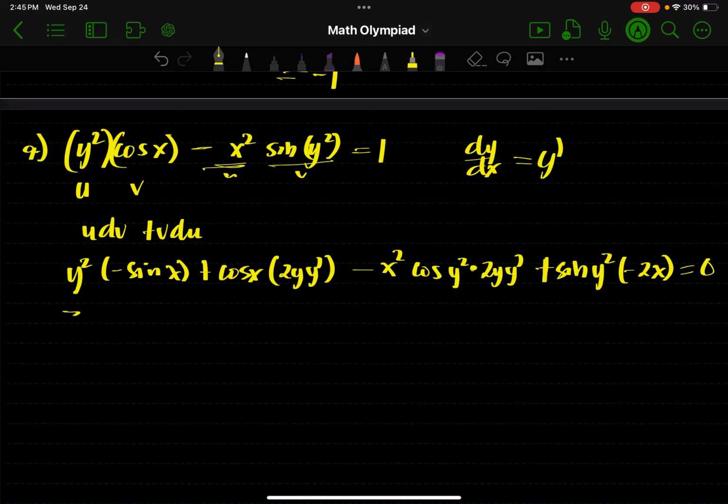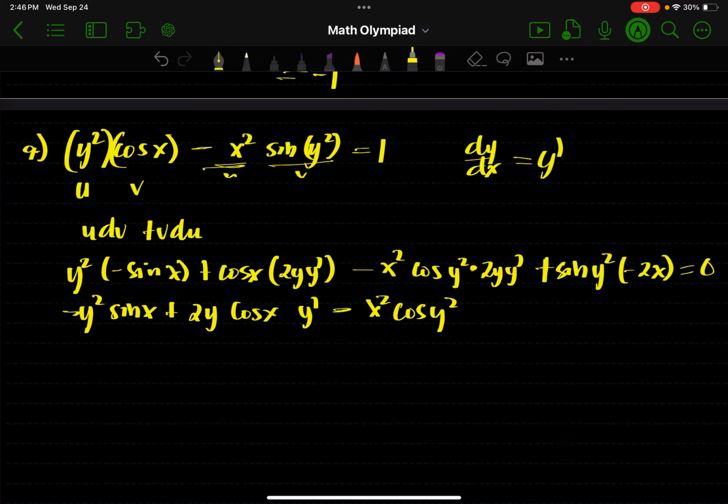Simplify, so we have negative y squared sine x plus the 2y cosine x y prime minus x squared cosine y squared.